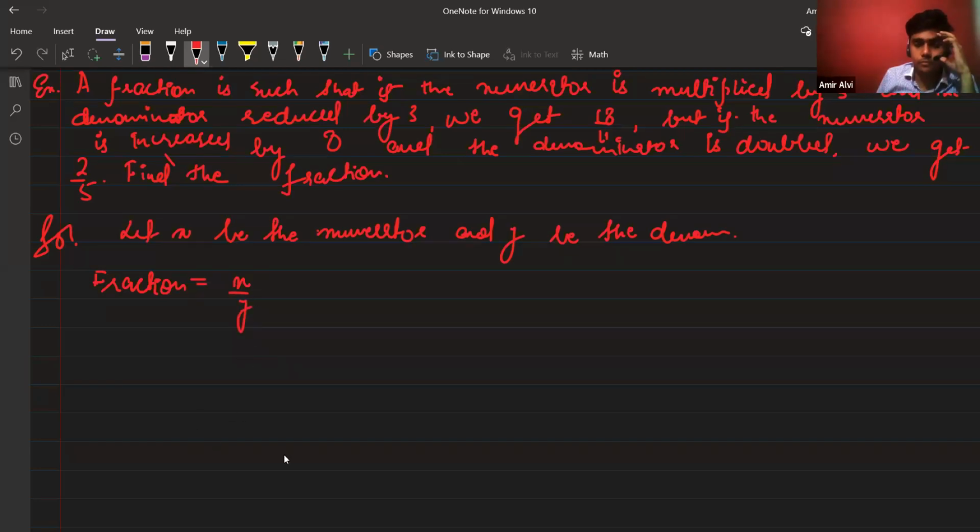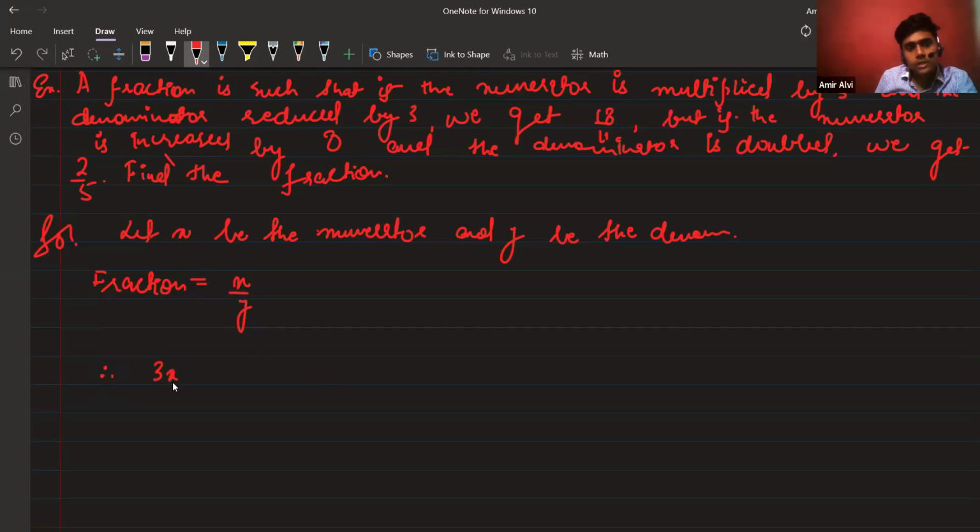Yes or no? Is that clear? We haven't done anything unique, just assumed that. The question is first saying that if you multiply the numerator by 3 and reduce the denominator by 3, so what will be there?